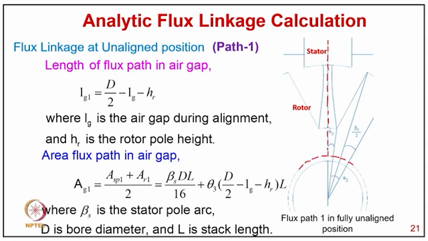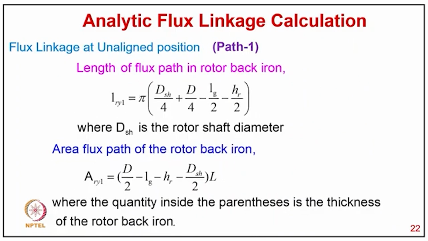The area of the flux path in the air gap is Ag1 equal to Asp1 plus Ar1 by 2, equal to (Bs d l upon 16 plus beta) times (d by 2 minus Lg minus Hr) into L, where Bs is the stator pole arc, d is the bore diameter and L is the stack length.